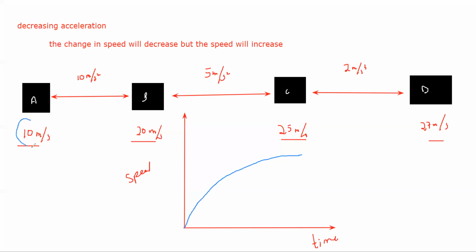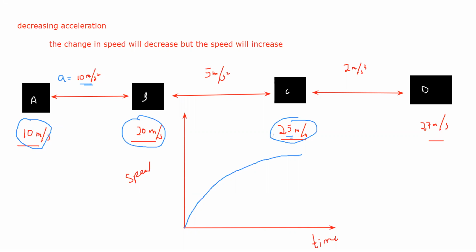You can see here, the speed changes from 10 to 20. So if speed changes from 10 to 20, there's an increase in speed. But what about acceleration? The acceleration is a change in the speed. So the change in speed is 10.